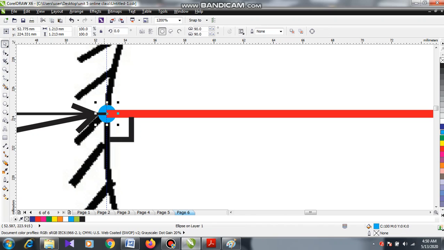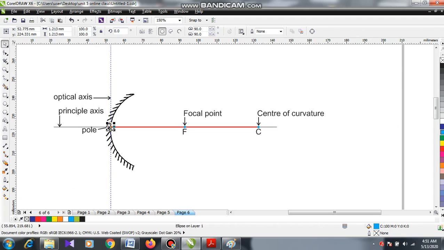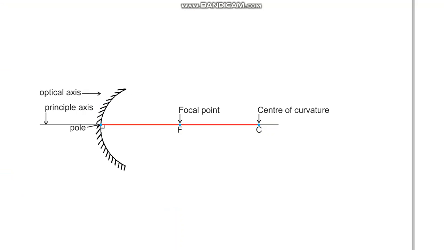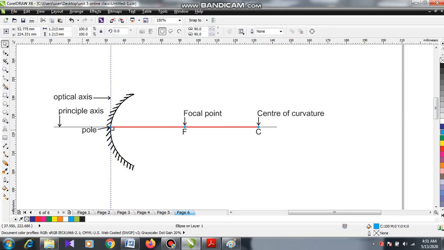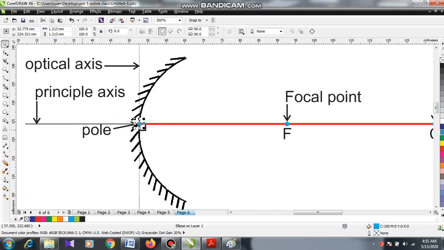So you have to understand that the principal axis meets the pole, or meets the lens, at a right angle. So these are the basic introduction components.